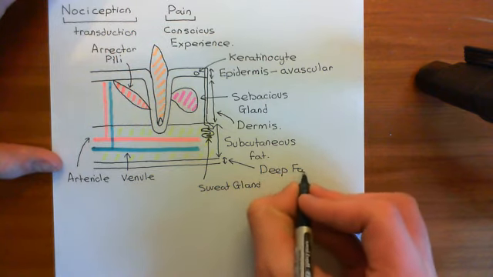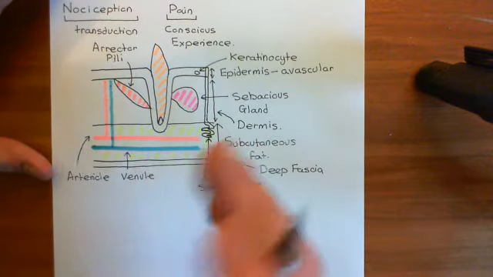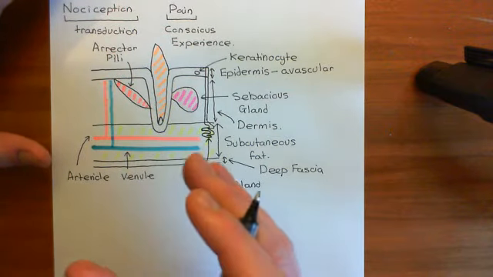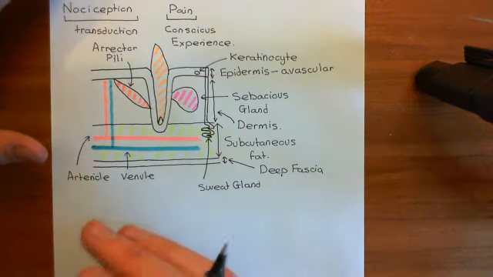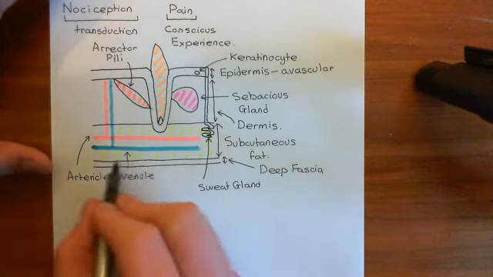And then underneath the deep fascia, you'll start to get muscles. So, for instance, if you're in the abdominal region, you'll get the external oblique muscle and things like that.